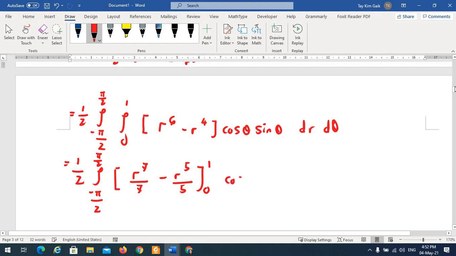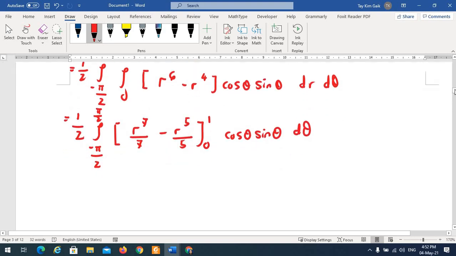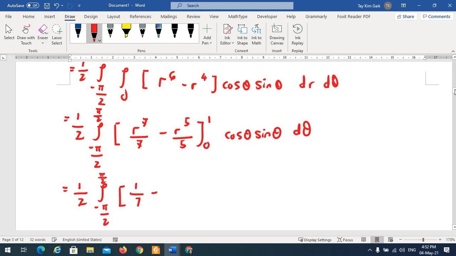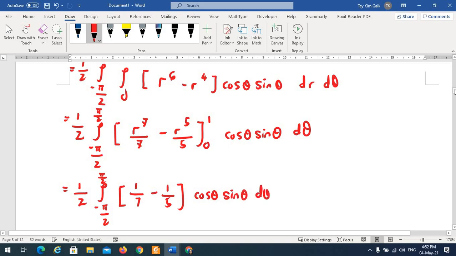Okay, and you have the cos theta sin theta d theta. So plug in the upper limit and the lower limit. 1 over 7 minus 1 over 5 cos theta sin theta d theta.